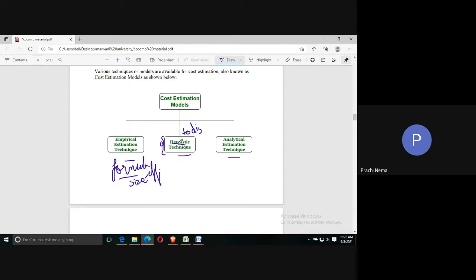It will be flexible and discover the way to find the cost depending upon the system, and the results obtained will be optimal, that is more efficient in comparison to other techniques. So the most efficient one you can say is heuristic, and the heuristic technique was given by the COCOMO model. It was a part of the COCOMO model.